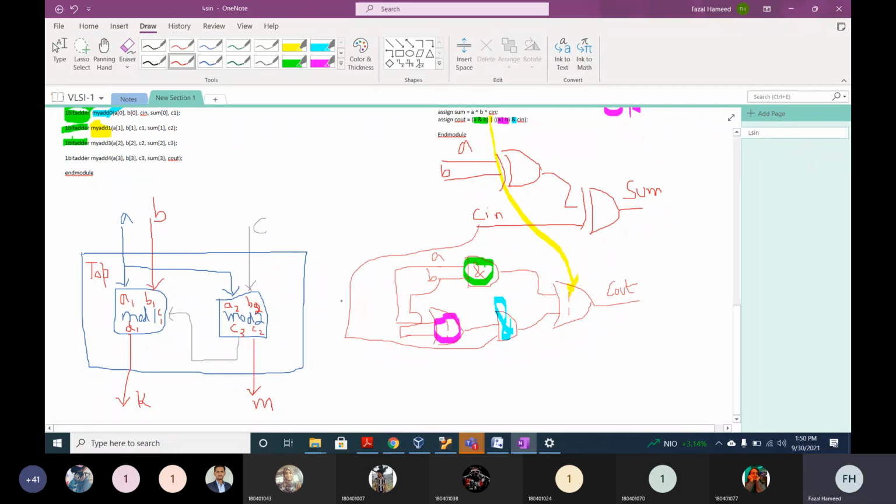Now I will write the interfaces for all these modules. We don't know what is internal to all these modules, but we are writing the interfaces to these modules.